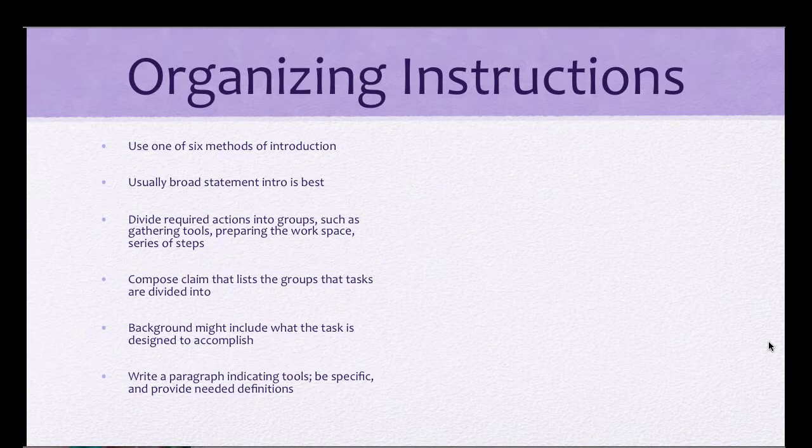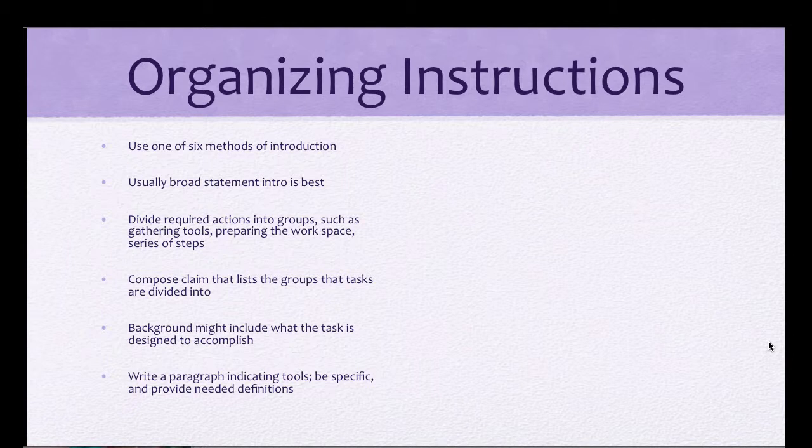Okay, now, this is very important. You need to write a paragraph that indicates all the tools that a person needs before they begin the project. And you need to be as specific as possible and provide any needed definitions. For example, using my web page example, one of the things that I would recommend is a program that provides an HTML editor.